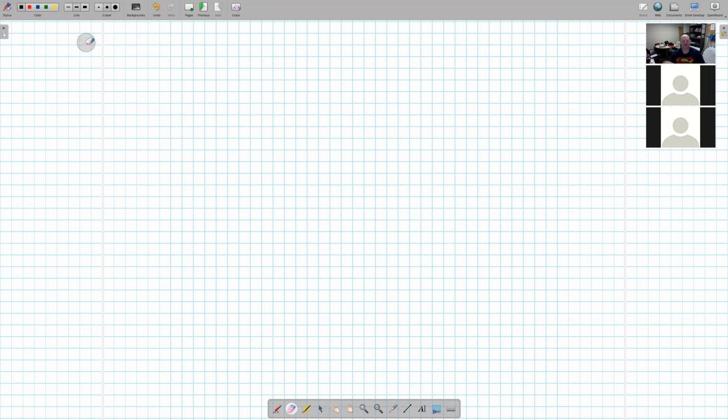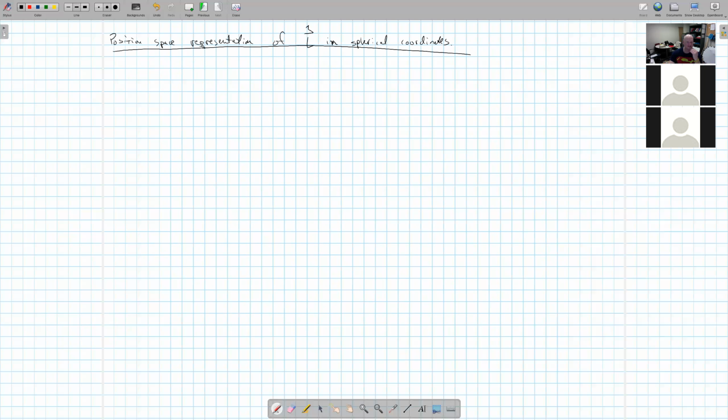So we want the position space representation of L vector hat in spherical coordinates. So we need to know what this guy is.